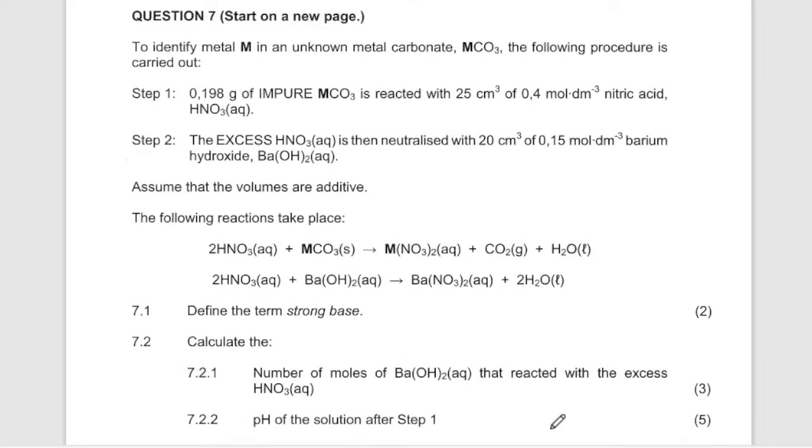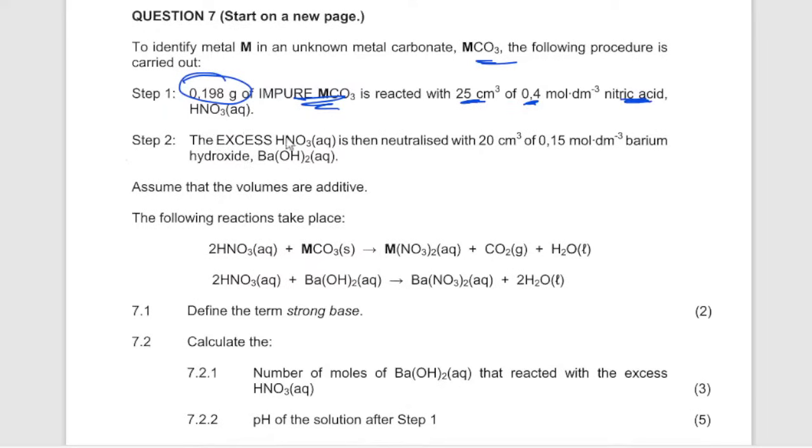Here they're saying to identify metal M in an unknown metal carbonate. A procedure is carried out. You have this mass of impure carbonate reacting with nitric acid.